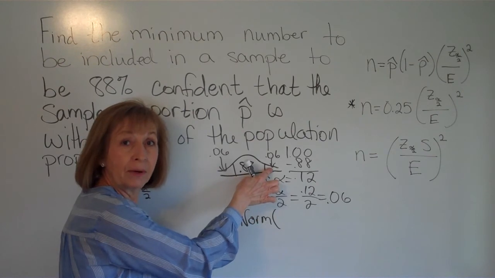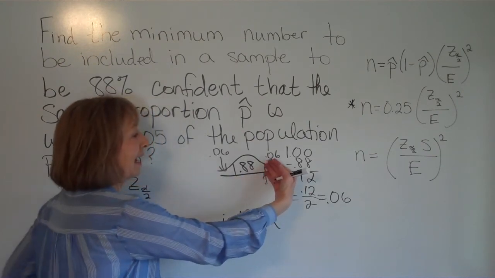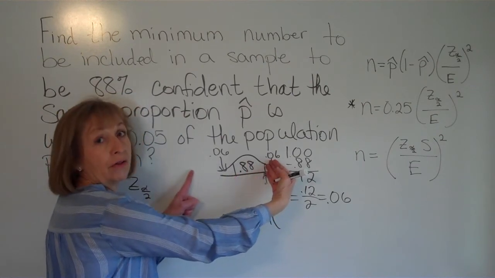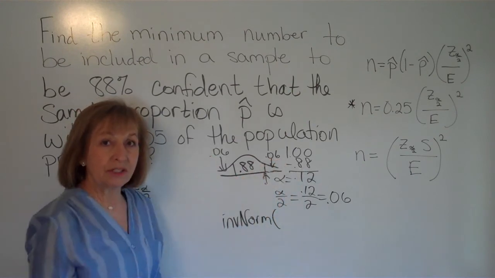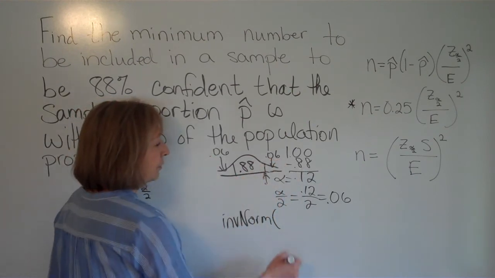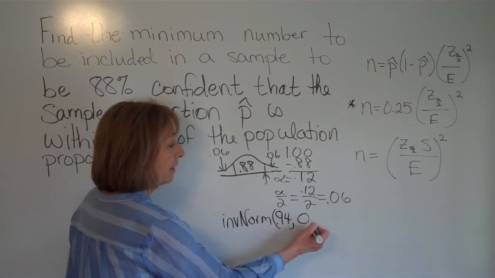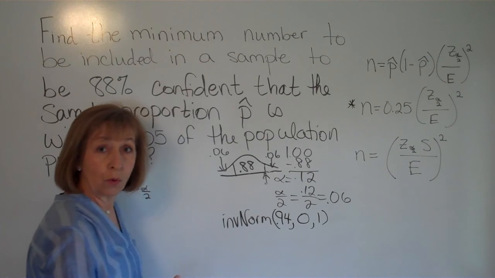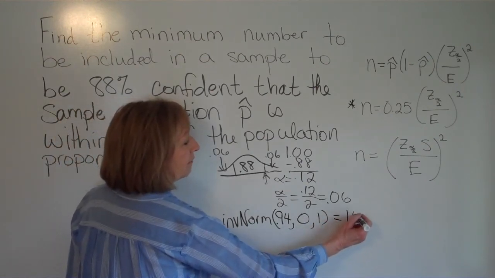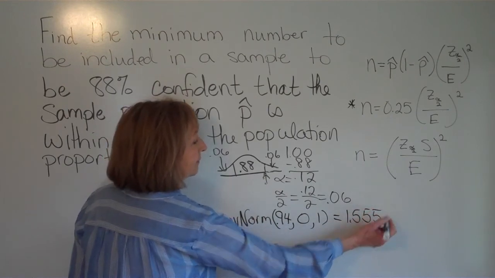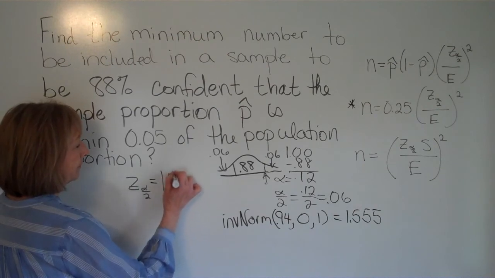So 1 minus 0.06 is 0.94. The other way to think of it is, if it's area all the way left, I'd have to add 0.88 and 0.06, which is still 0.94. So I have 0.94, the mean of the z-scores is 0, the standard deviation of the z-scores is 1, and when you go through that calculation, that's 1.555. So that's my z sub alpha over 2.